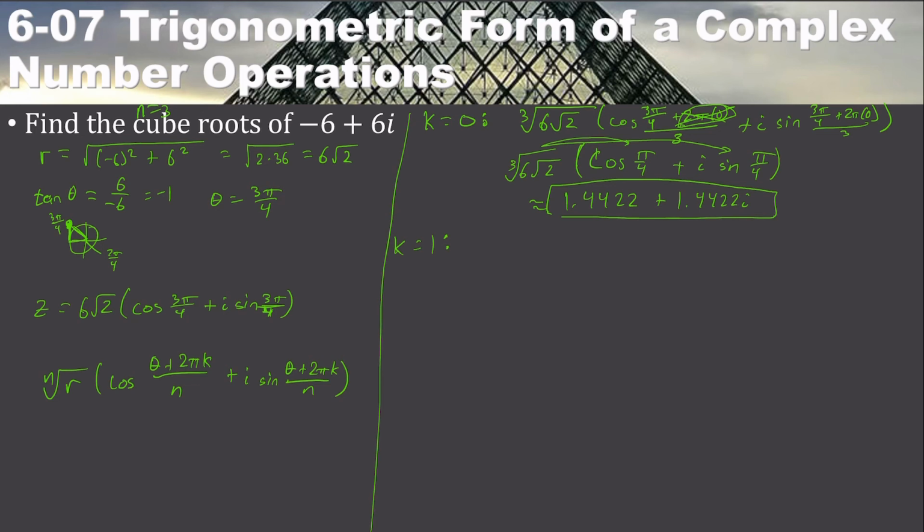Let's jump to the next one. K is 1. To add the angles, we're going to need a common denominator. So this would be 3 pi over 4, and 2 pi would be the same as 8 pi over 4.